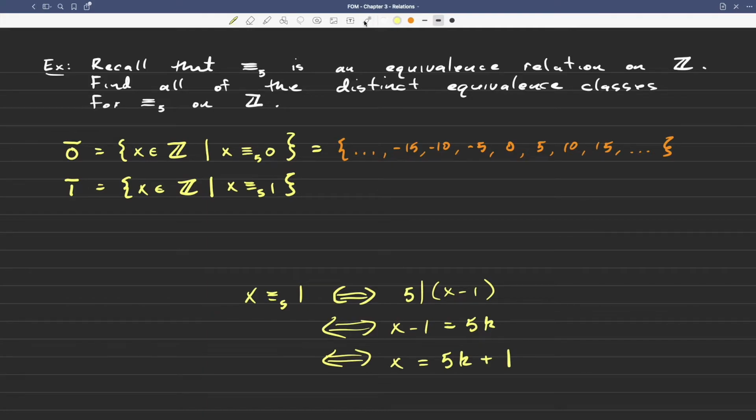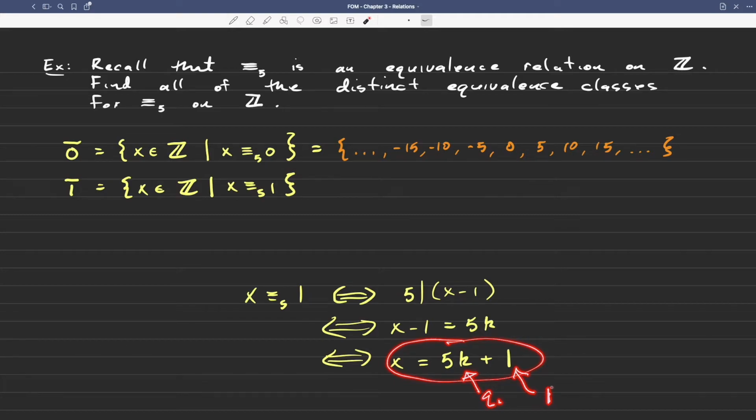And if you think about the division algorithm, if I've written x in this form, it tells me that k is the quotient and 1 is the remainder. So any integer x that is congruent to 1 mod 5 has a remainder of 1.